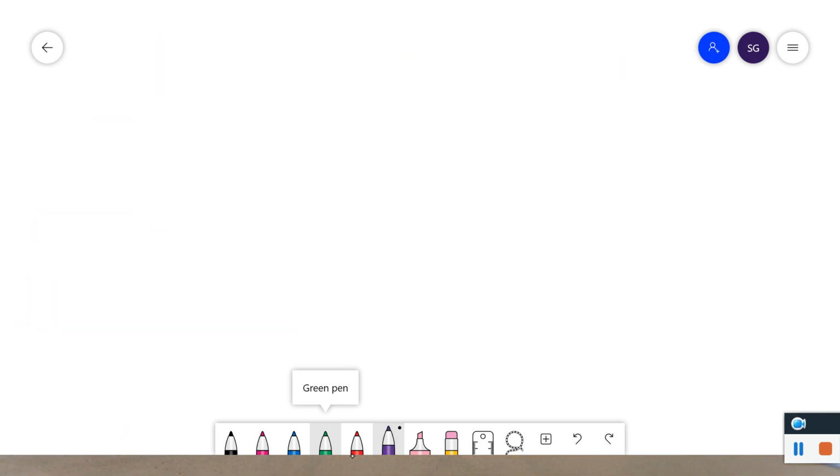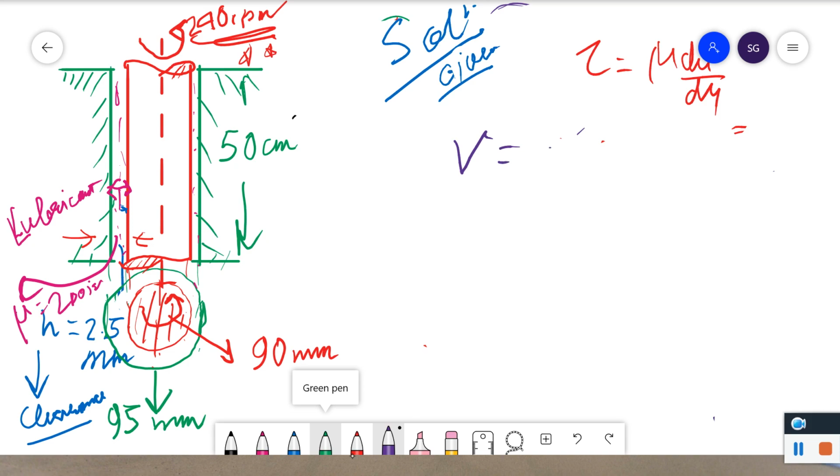So V is equal to omega r. We can write that as 2 pi upon t into n into r.